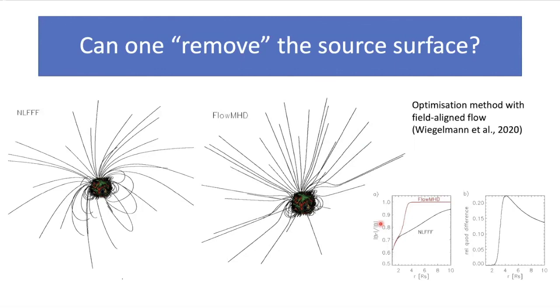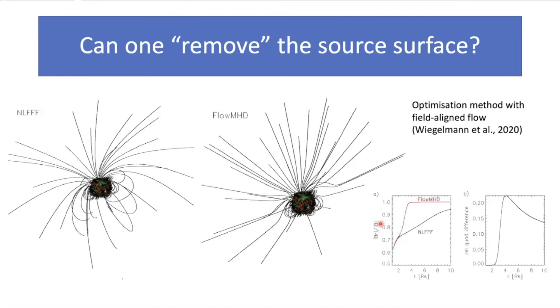I phrased it here as, can one remove the source surface? That only happens to a certain extent, that one can remove one outer boundary, but one has to have another one. I mean, there's no numerical simulation where we can push the boundary to infinity without losing accuracy, maybe.